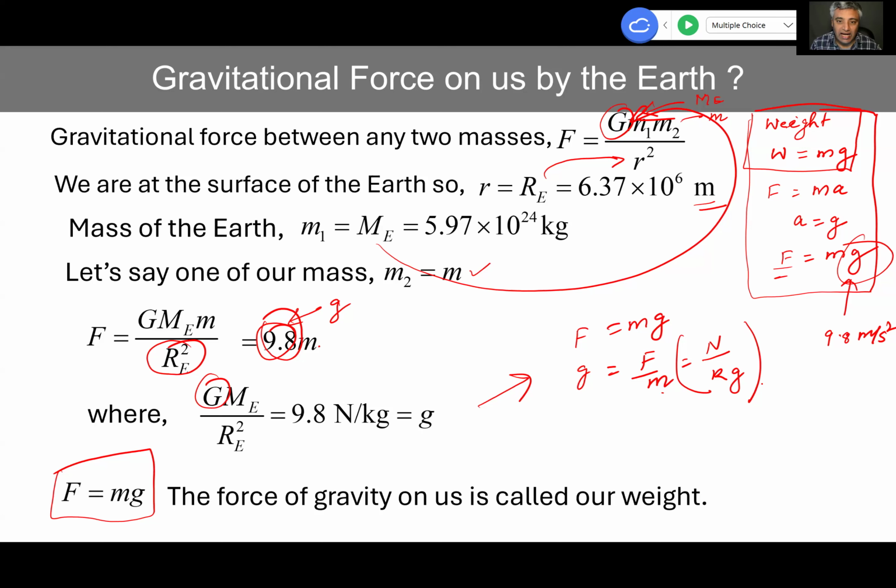To describe how the gravitational force works, how it can act on another object, physicists introduced this concept we call a field. So we have a gravitational field that's surrounding us. What does that mean?